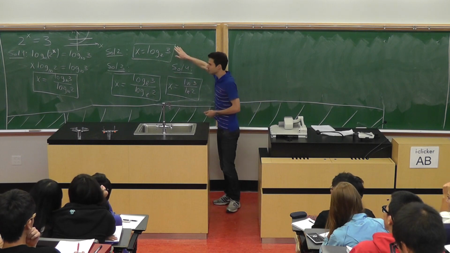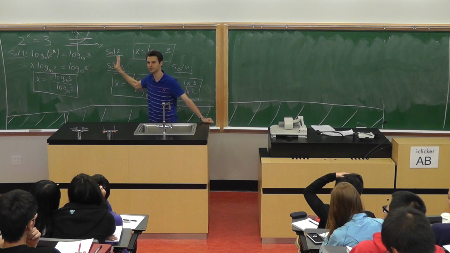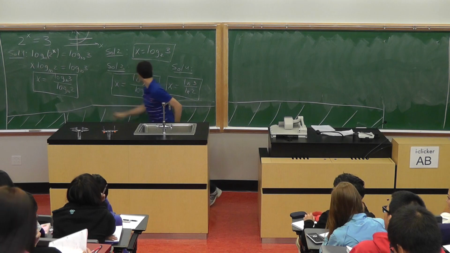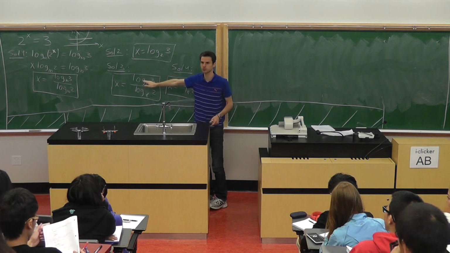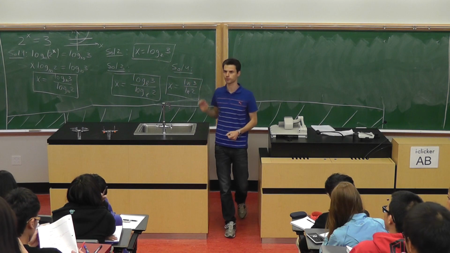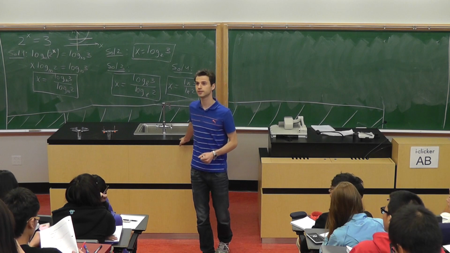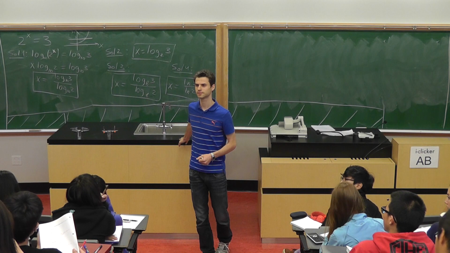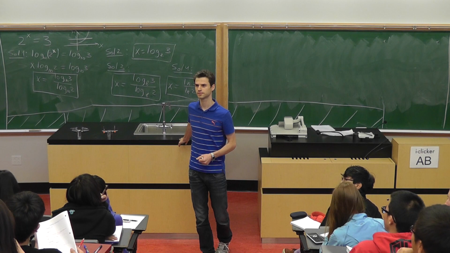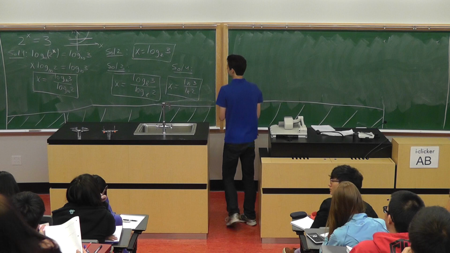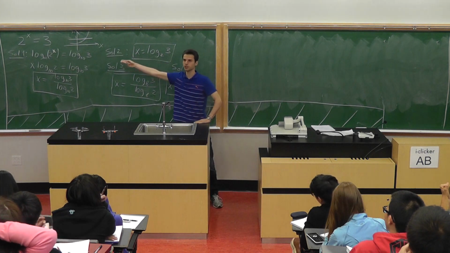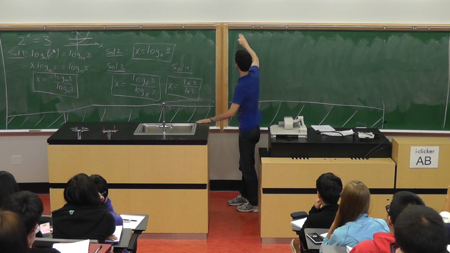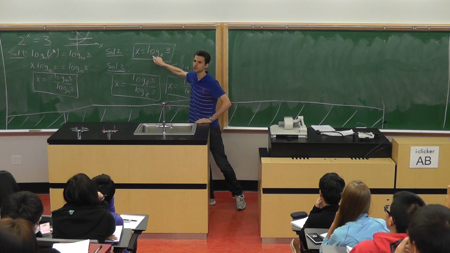Well, if you take your calculator, you'll find out that they are not that different. They're exactly the same number, for whatever choice of base you get here. Yeah? I think it's because it doesn't matter what the bases are, as long as 2 to the x and 3 have the same base for the log? Yes, exactly. In fact, these arguments show that there is a formula for changing the base of a logarithm.